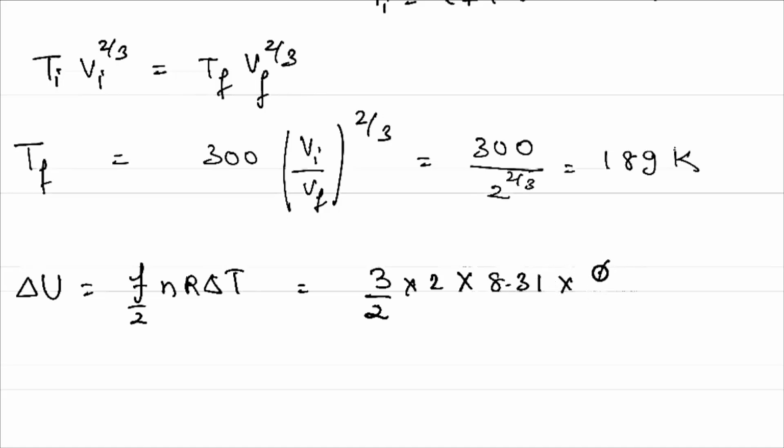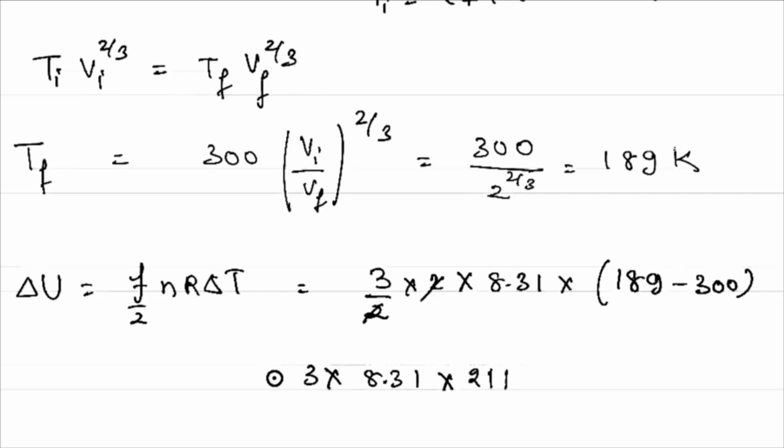And delta T, I will write, is minus 300. So this 2 will get cancelled out, and I will write 3 into this. If you see, this is 300 minus this, it will be 211 with a negative sign, right? 300 minus 189 equals 211.